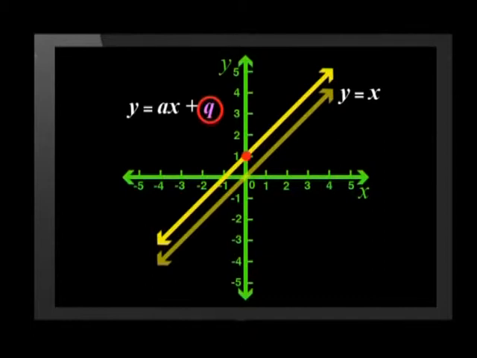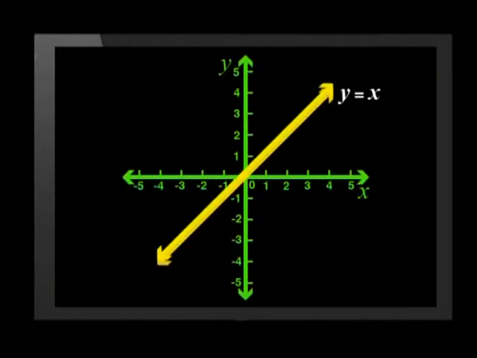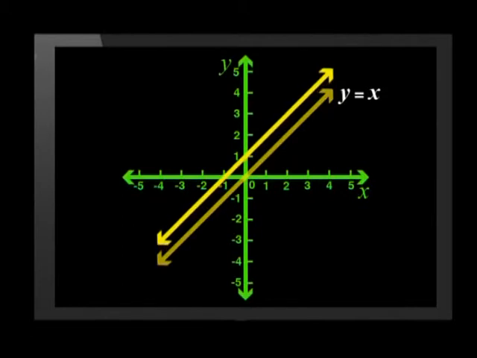Q is 1, so we just need to find the gradient. The gradient doesn't change, so it stays 1, which means that the formula of the line after the shift is y equals 1x plus 1. Well done. So when the parent graph is shifted 1 place up, the new graph has a formula of y equals x plus 1.